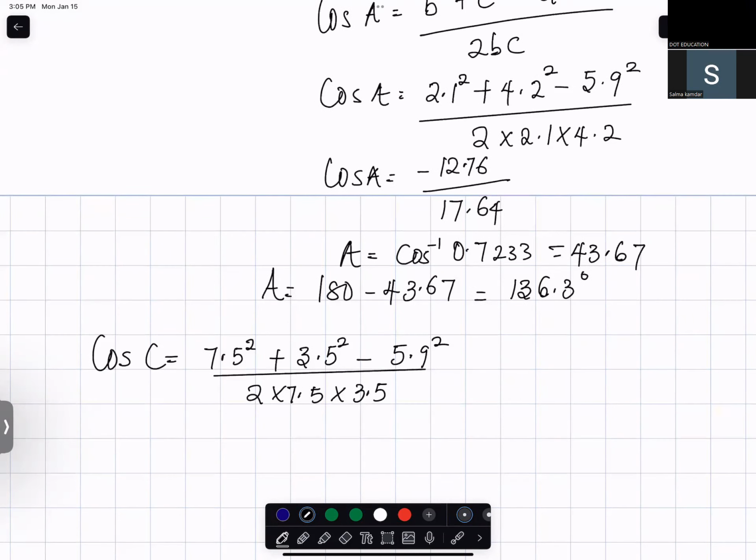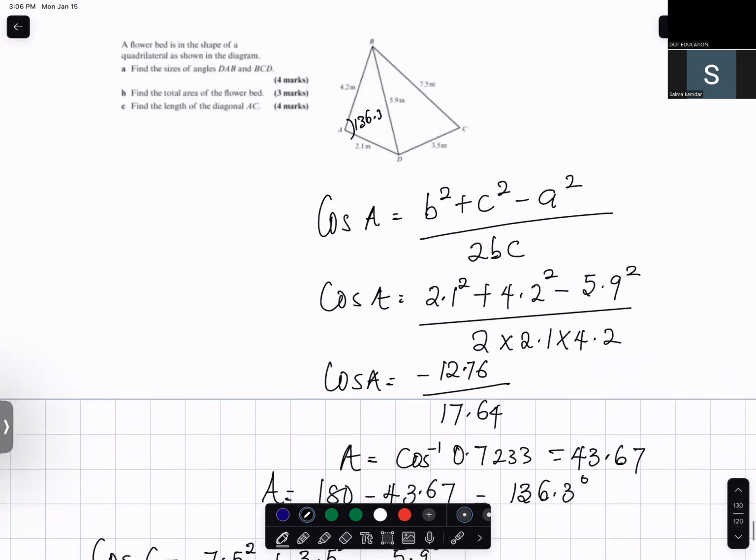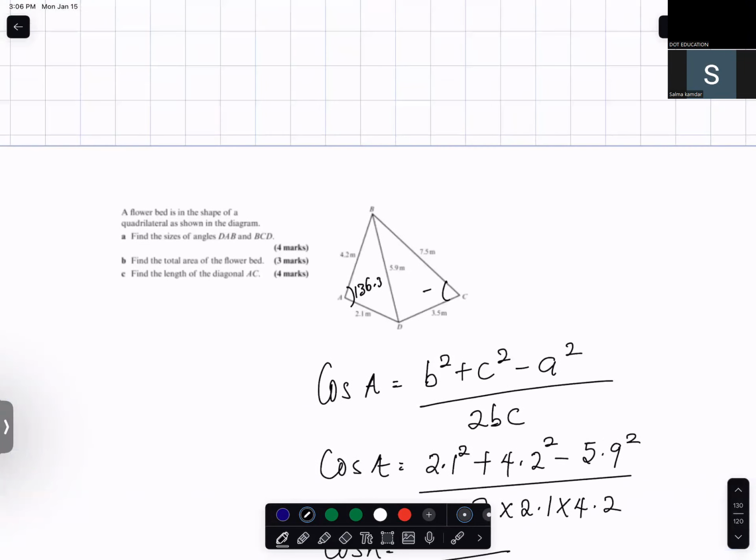So cos C will give 33.69 divided by 52.5. C becomes the cos inverse of 0.6417, which is 50.1 degrees. So we've gotten our angle at this point as 50.1 degrees.